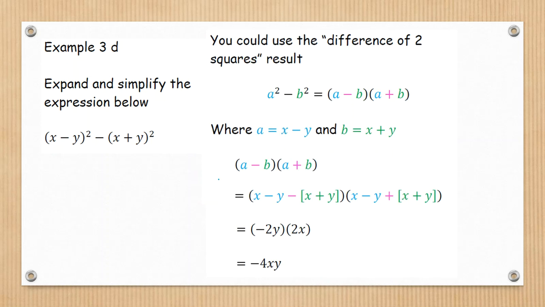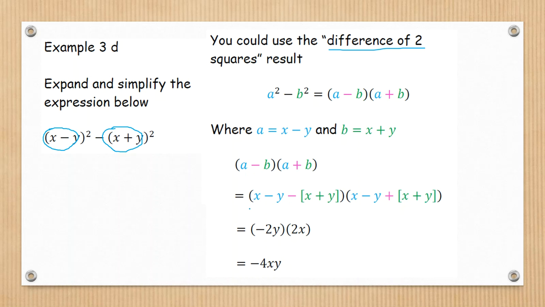That's the first one. Okay, so using the difference of 2 squares, you can see we have this part squared, take away this part squared. So A is x minus y and B is x plus y. So we can write this in this form. So A minus B, so blue part, the take away x plus y, and then we've got the blue part plus the green part.